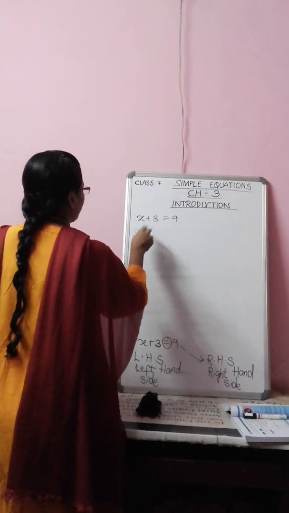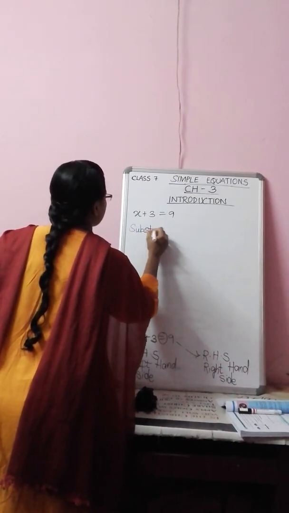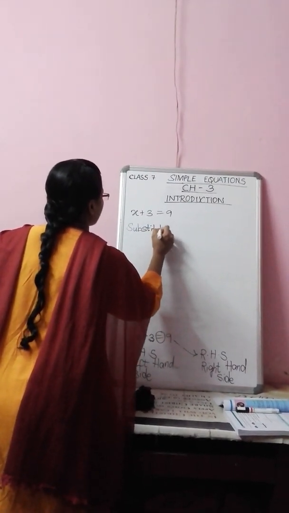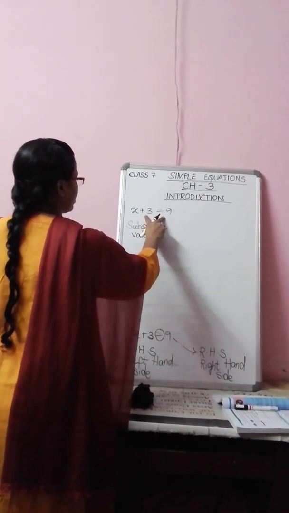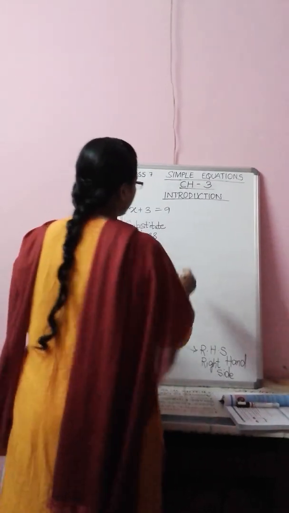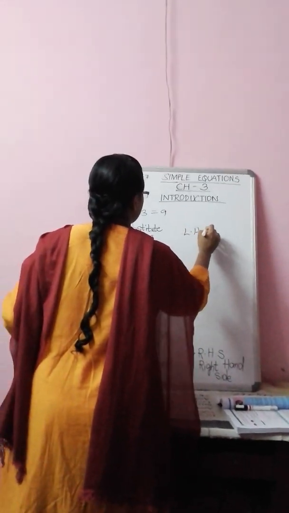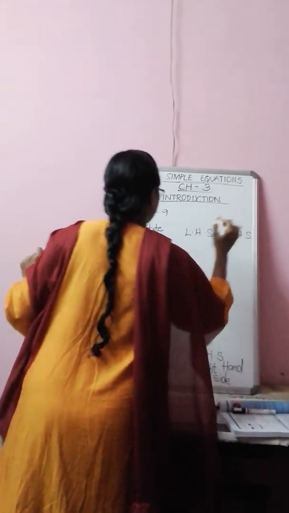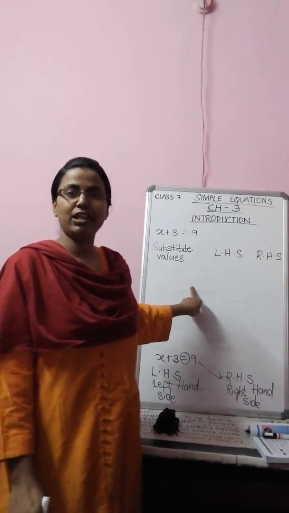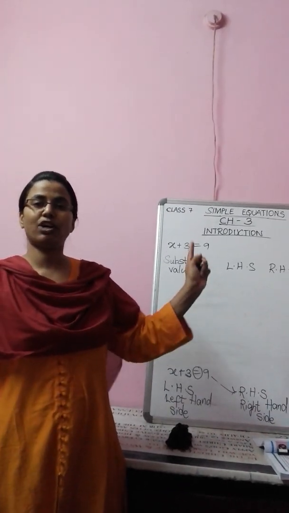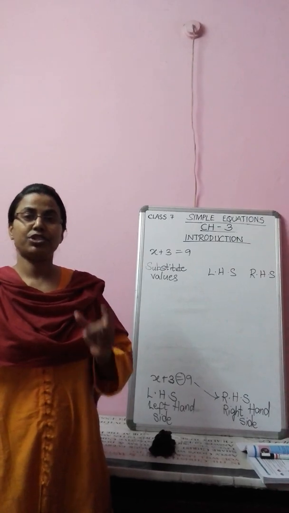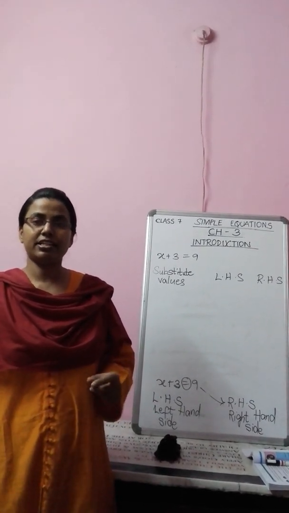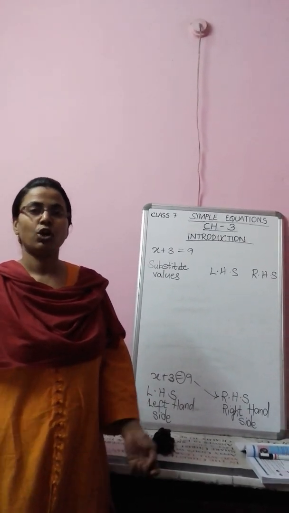The first thing we are going to do is substitute values. And we have two parts in this equation. Which part is this? L.H.S. and this part is R.H.S. When we are substituting the values, L.H.S should be equal to R.H.S. Then whichever value you are taking, that is going to be the solution of the question.